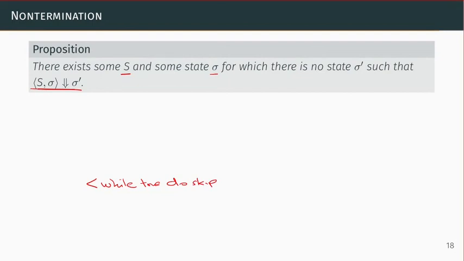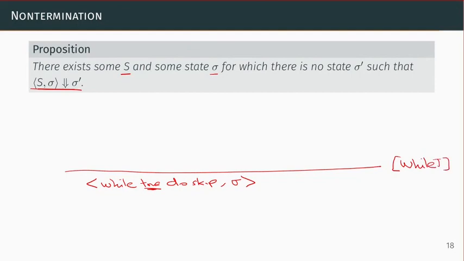So if we execute this under any state sigma, no matter what it is, actually, the condition is going to be true. So here we're going to apply the rule while t, which means we have to execute the body of the loop, which is a skip, under the state sigma, and the skip rule says that we have the same sigma.